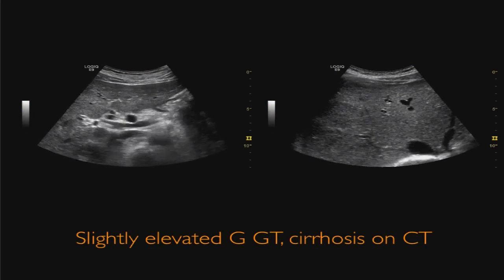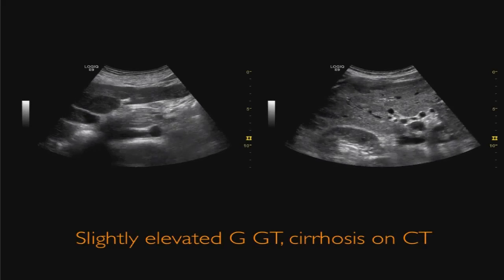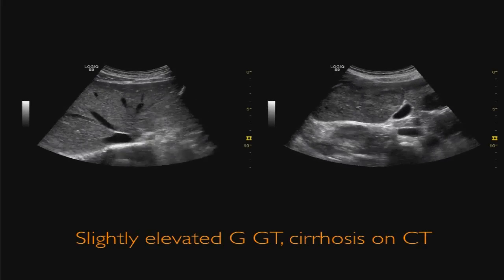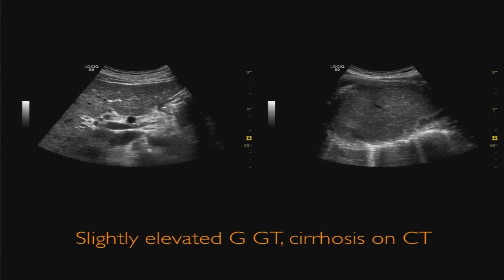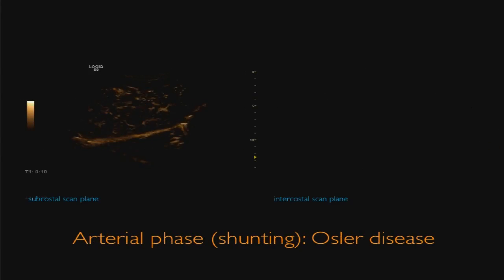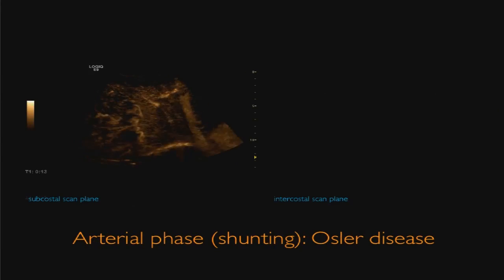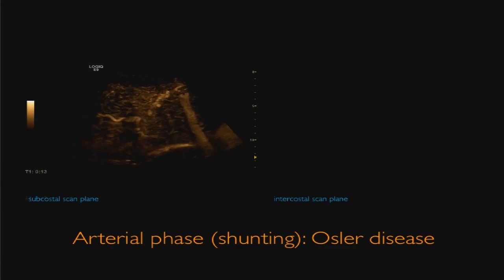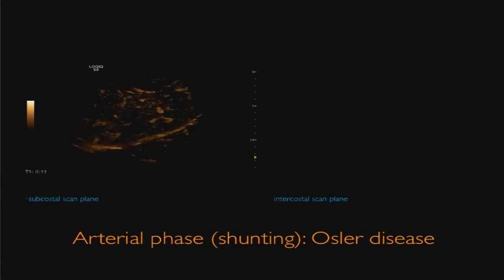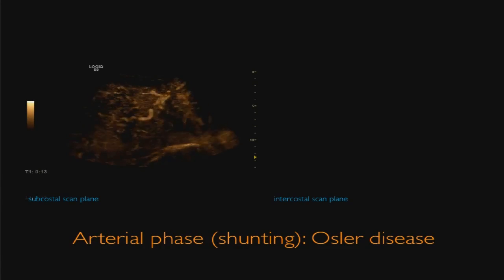What you can see on this grayscale image is already dilated and tortuous arteries in the liver. When we look at the arterial phase from this subcostal approach, we see not only the arteries at the very early time, but also portal veins being filled already.